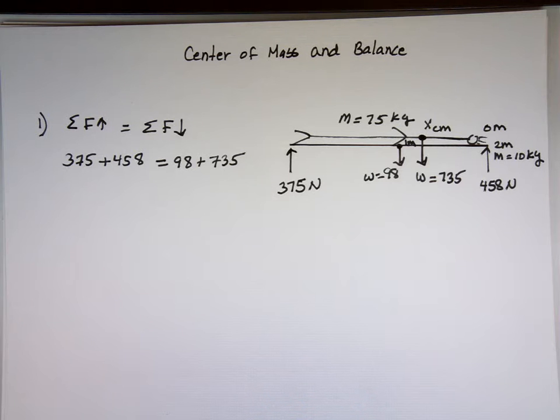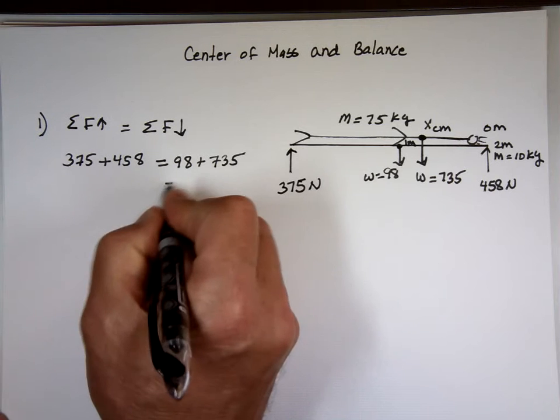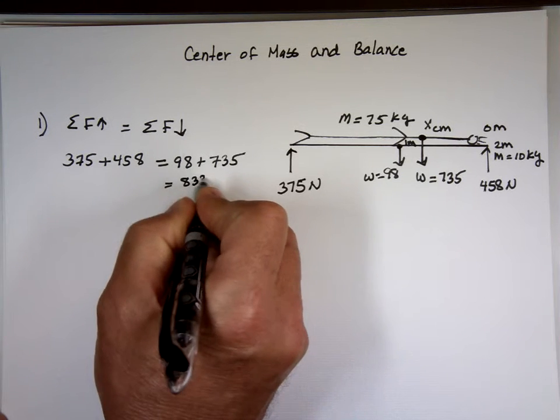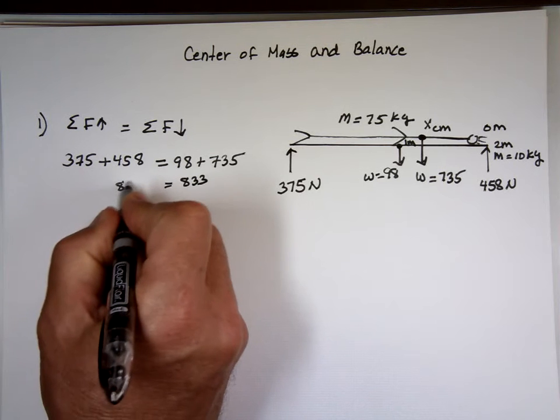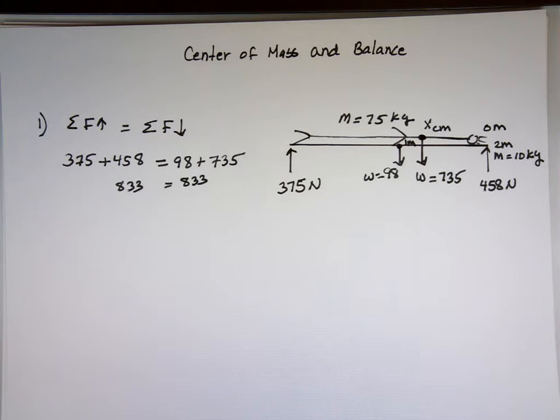Could be rounding error. The right side is 833. The left side is what? 375 plus 458? 833. Good. So I didn't screw things up.